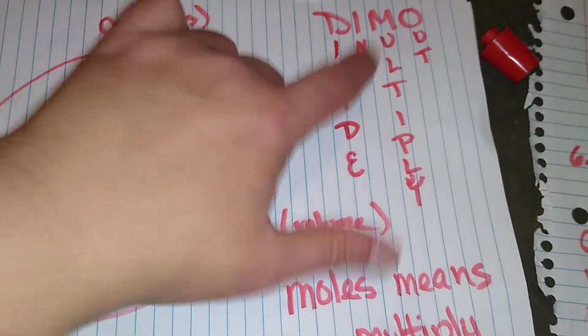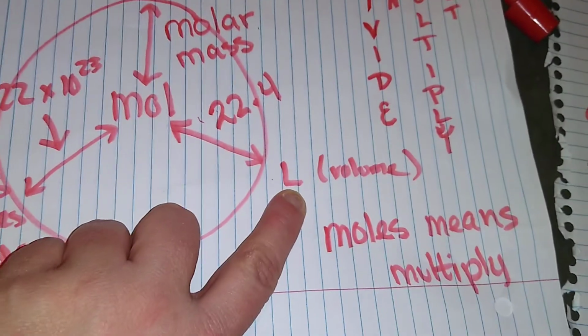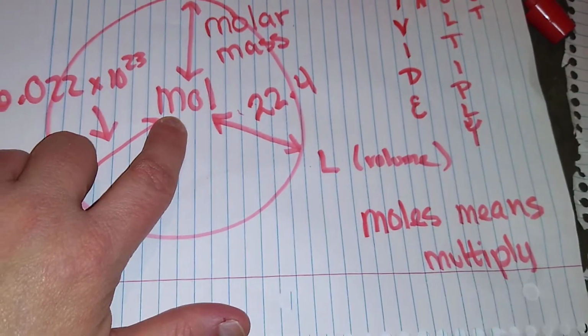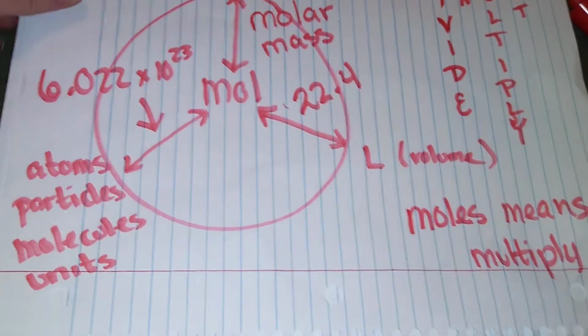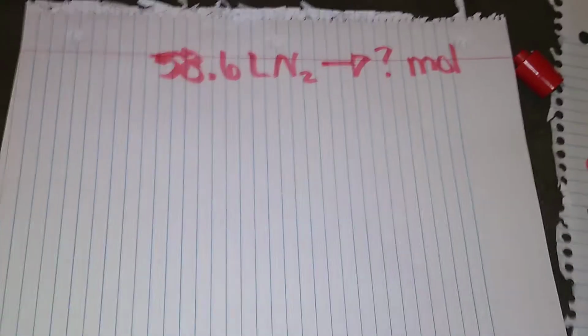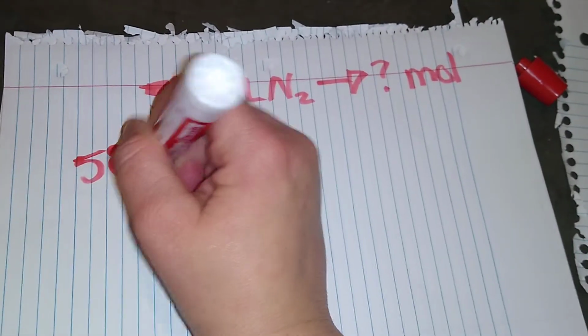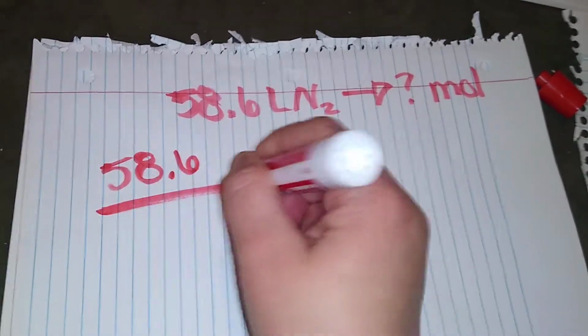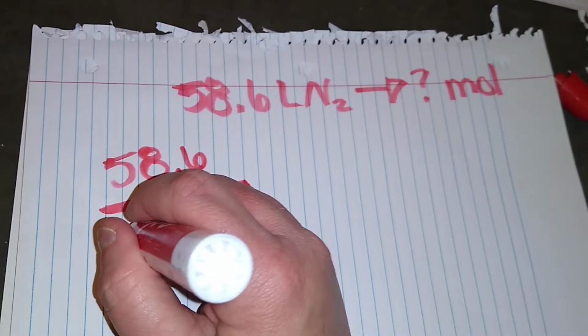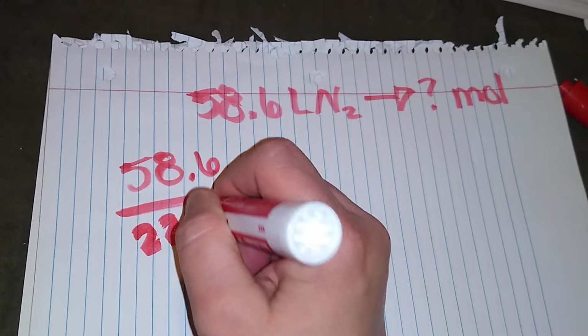And also, if you want to look at it like this, it says divide in. So we're moving from the unit liters to the moles, which means that we are going to divide. So we're dividing as we move from outside the circle to inside the circle. So 58.6 divided by, and our magic number for gases is 22.4.